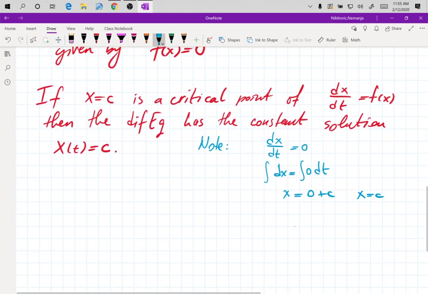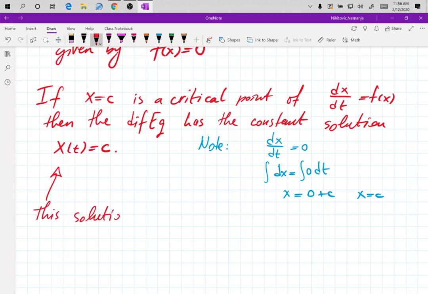And this solution is sometimes called the equilibrium solution.